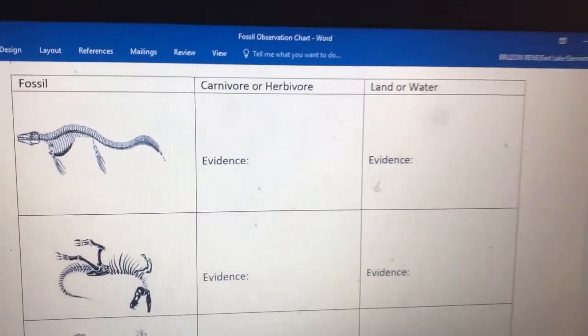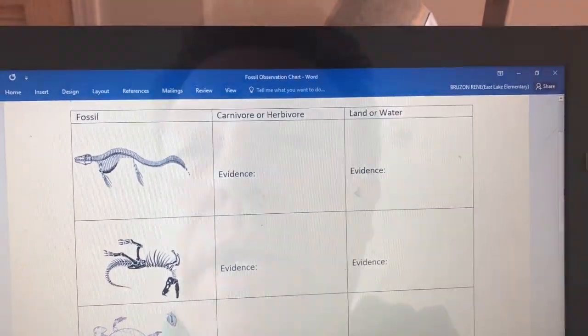So when you write if it's an herbivore or carnivore, you need to write your evidence of why you say that it is an herbivore or a carnivore. And when you say that it is land or sea, you have to also write the evidence for inferring that, okay? Are we clear what we're supposed to do? So go ahead, pause the video and start working.